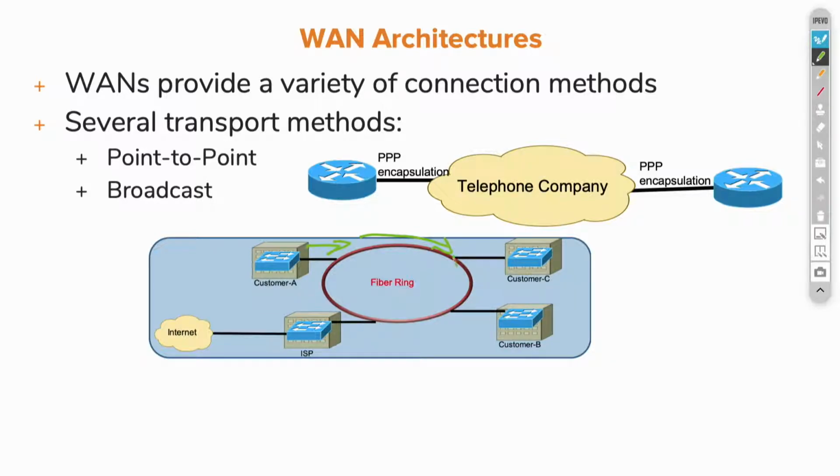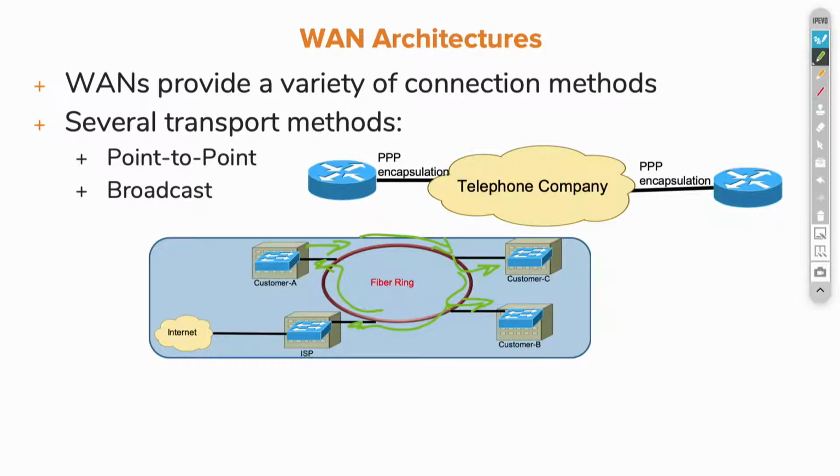So that data will go to customer C. That data will also go to customer B, as well as going to the ISP. It'll even circle all around again, and it'll be the job of customer A to strip that data off the ring, to take it off of there. That's a broadcast-based WAN.